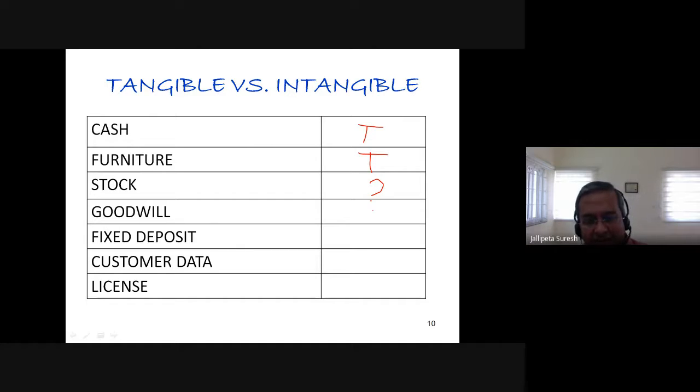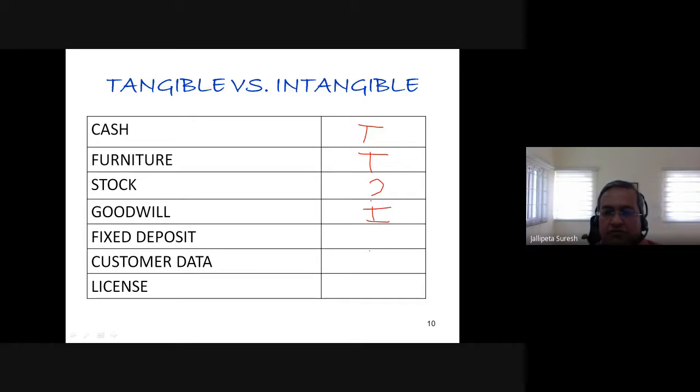Why? Because in my mind, the value of the company is much greater than the assets that the company holds. That is the reason I pay 50 lakhs more than the asset value of the company. In other words, I pay a premium because that company has a lot of goodwill in the market, and for that goodwill I am paying extra money. So goodwill is nothing but an intangible asset.